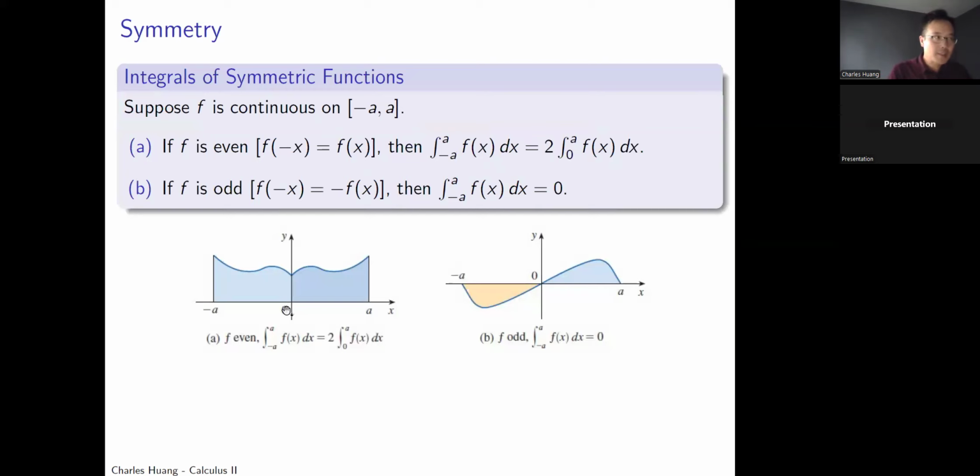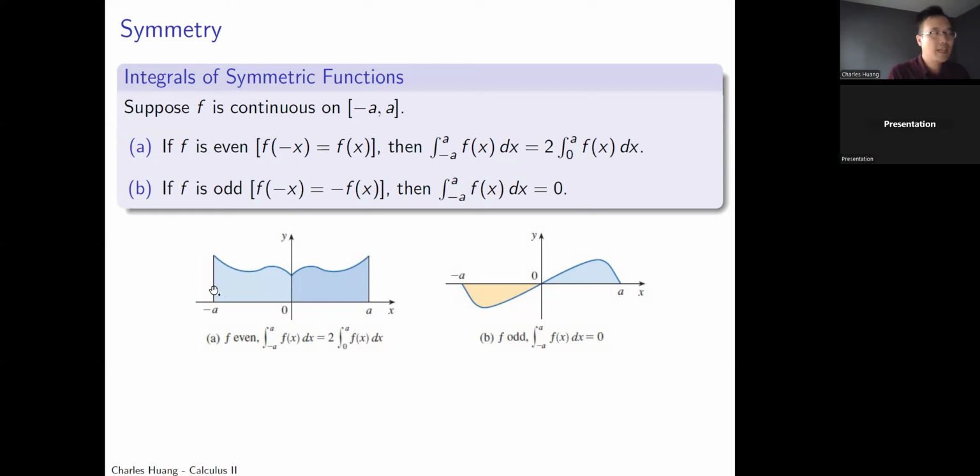A couple of notes on the symmetry. So we can have symmetrical functions, and there are two types of symmetry that we have. One is the even type, which means whatever happens on the positive values. So let's say at +3, the value is 1.